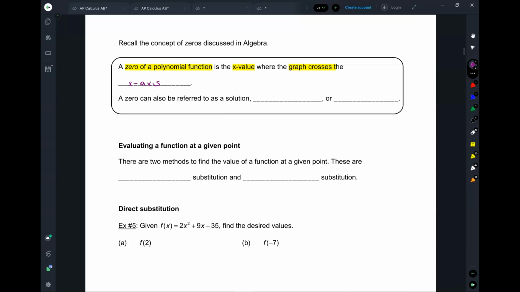A zero is one name for it, but it could also be called a solution, a root, or an x-intercept.